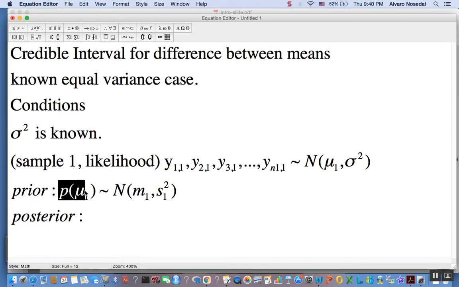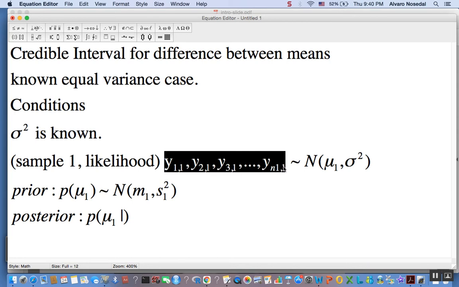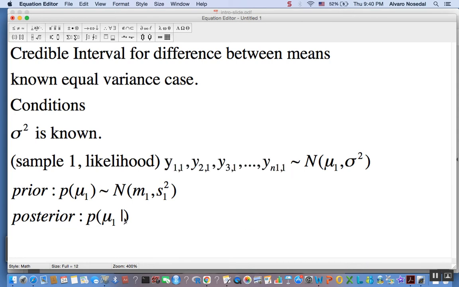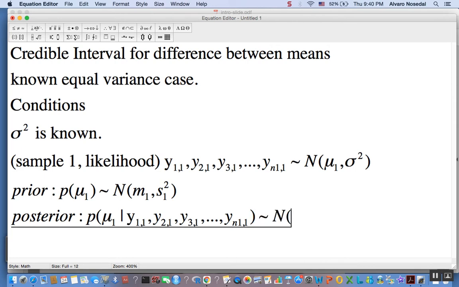So now we have the posterior, the probability of mu1 given our sample. We know that when we have a normal likelihood and a normal prior, the posterior is also normal, and we use an m star to refer to the mean of the posterior distribution.